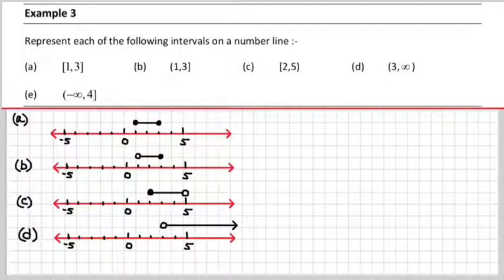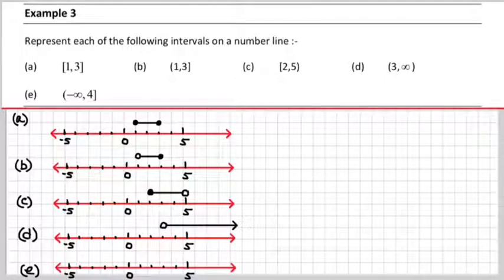And we're just denoting we're going on forever by this arrowhead here. Last but not least, we've got from minus infinity to 4 and including the 4. Here it comes. Large B. We've got everything from minus infinity up to and including the 4. Excellent. Thank you for watching and we'll see you soon.